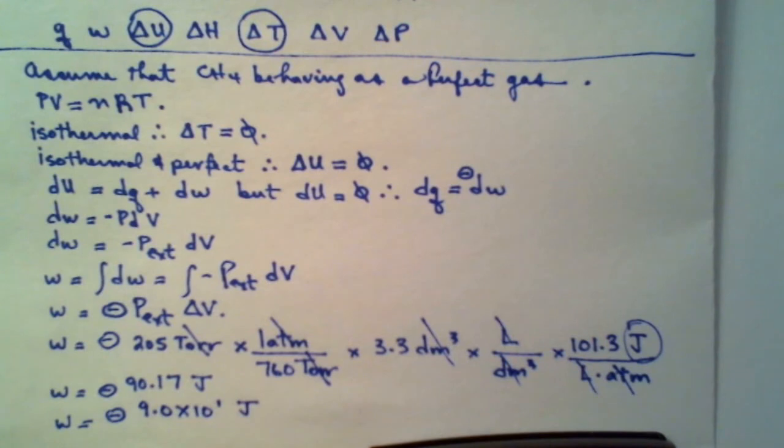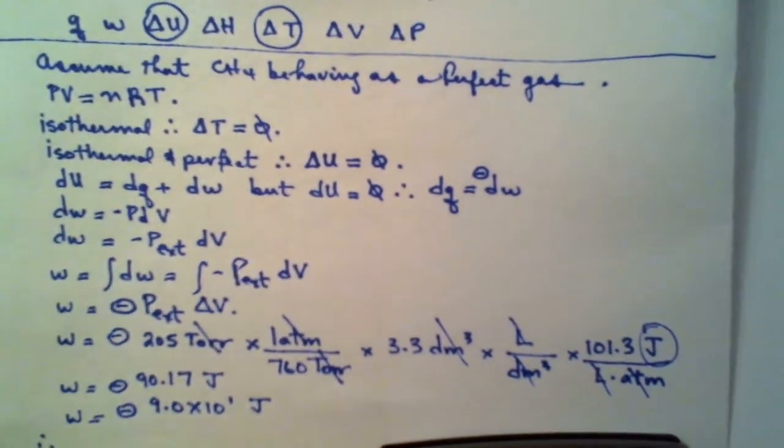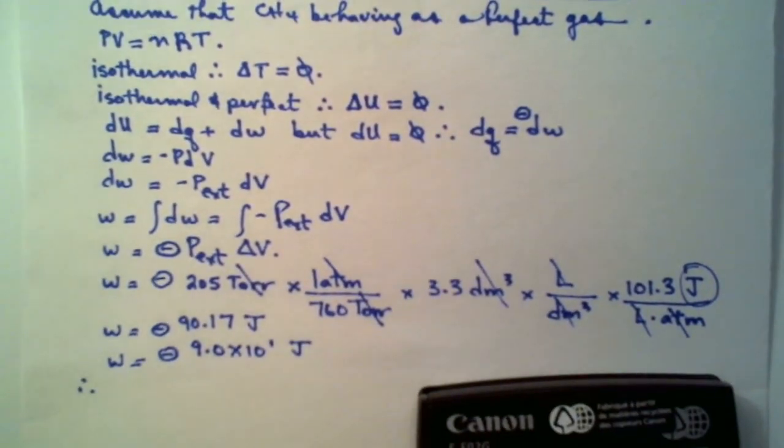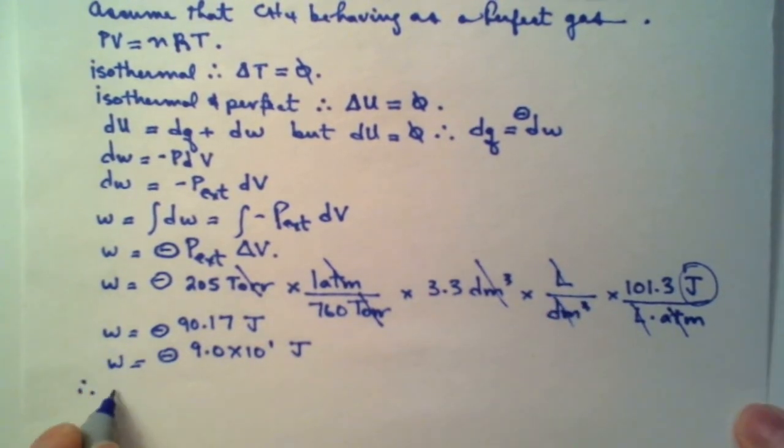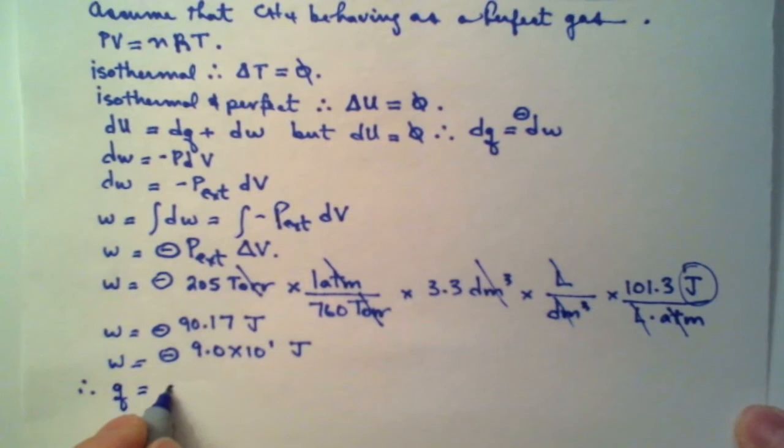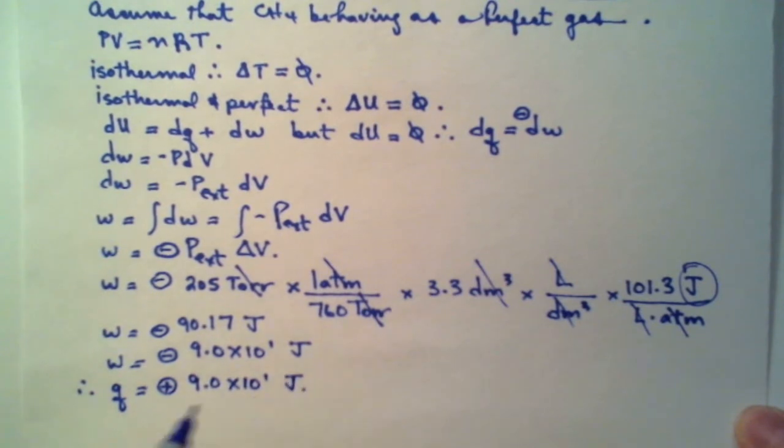So using scientific notation is always a really good way of clearly listing the correct number of significant figures. And therefore, Q, which is supposed to be equal and opposite, now I've got that answer as well. And so my Q will be equal to the positive value of that, 9.0 times 10 to the 1 joules.